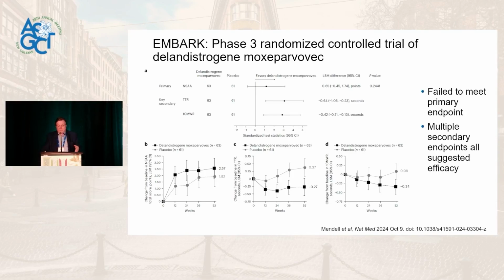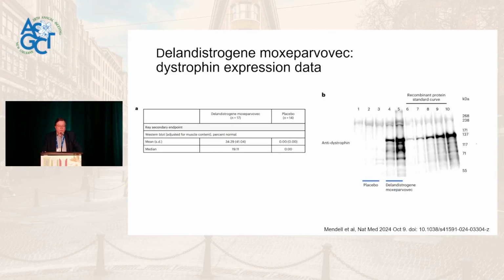A variety of other multiple secondary endpoints did all meet significance, really suggesting efficacy. So this was perhaps part of the controversy. I'll note, though, as well, in the Embark trial, there's data on dystrophin expression of this microdystrophin isoform. And by Western blot analysis, it reached about 35% of normal levels.